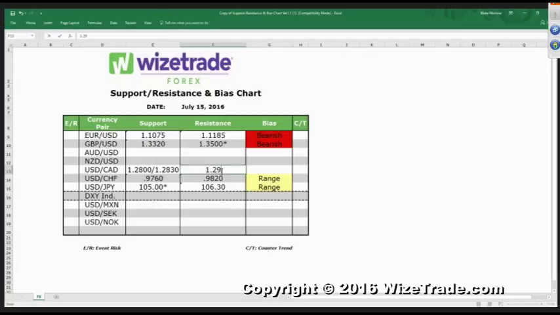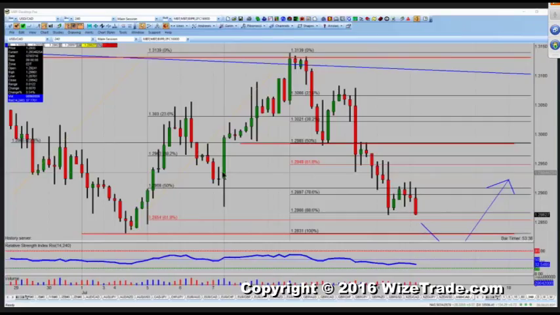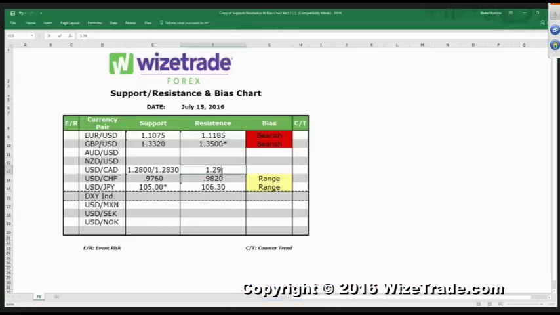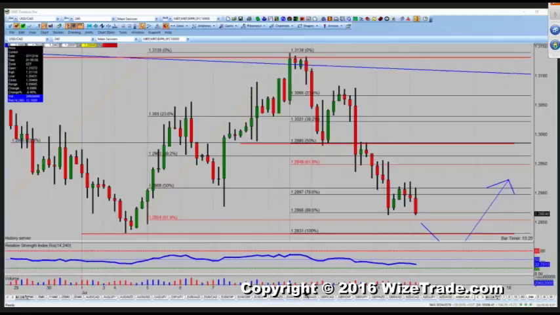Is it 129.85? Yeah, 129.85 is resistance. We are in a range, and we're just getting towards the lower end of our range where it's looking attractive. Remember, when you're in a range environment, I'd rather trade inside the range.